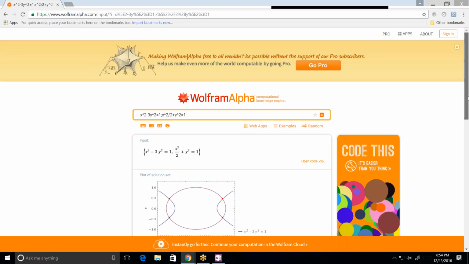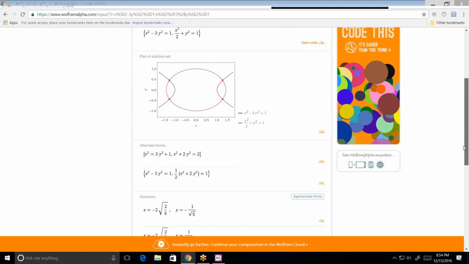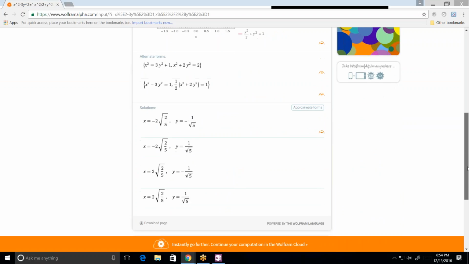And it also gives us the zeros. There they are. And this is actually what I came up with. I just didn't simplify it. We had 8 over 5. Well, I can pull out a 2 from that. So what you're seeing here is the same as the square root of 8/5.